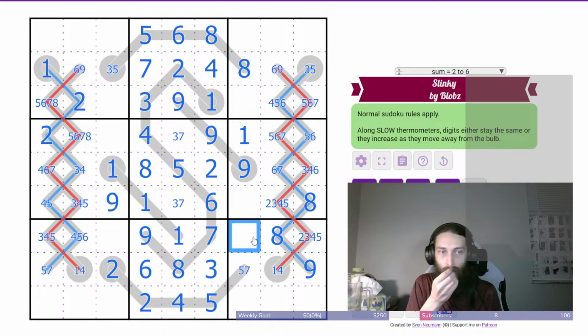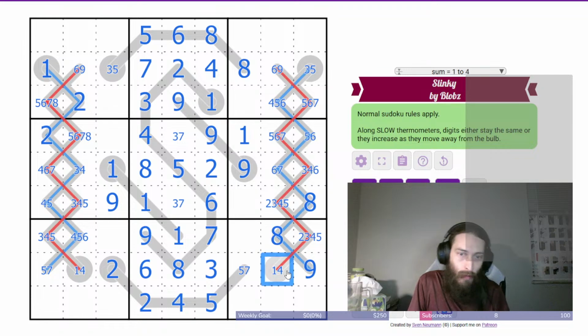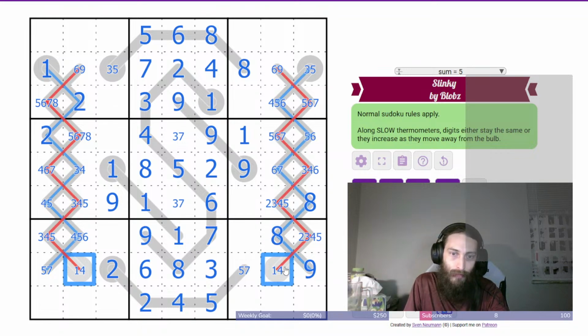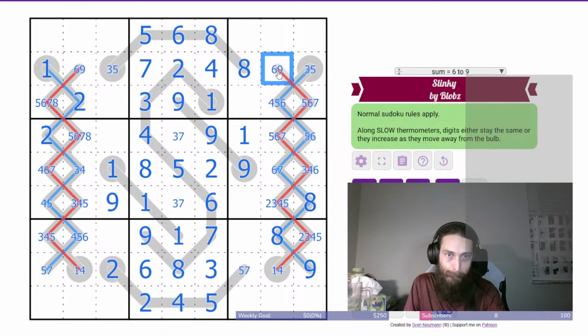Okay. Now, I guess looking at the 4s here, one of these two red lines is going to have to be a 4. And that's going to go 4, 5, 5, 6, 7, 7, 9. So one of these two has to be a 5.